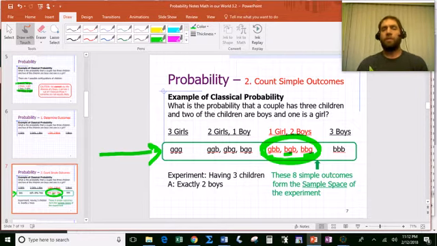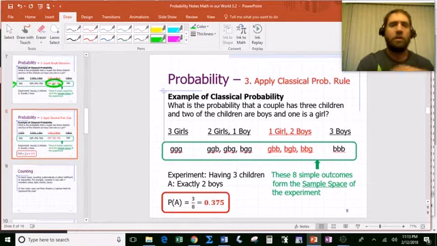We could restate the definition of classical probability and say the probability of an event happening is the number of ways the event could happen divided by the size of the sample space. The size of the sample space is the total number of outcomes possible from your experiment. In this case, our list is 8, so the size of our sample space is 8.